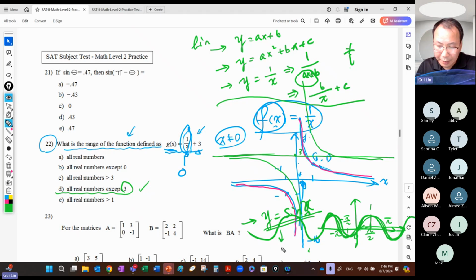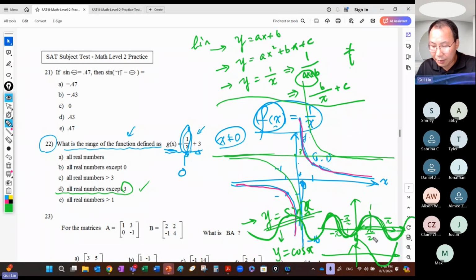So we extend to y equals cosine x. Cosine x is a little bit different. Initially it's 1, goes back to 0, and then goes back to 1. When sine is 0 here, cosine gets 1. When it reaches half pi, sine gets 1, and cosine goes back to 0.